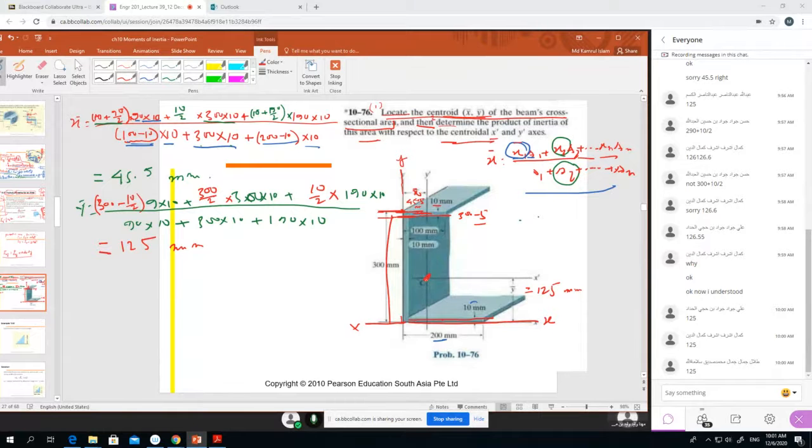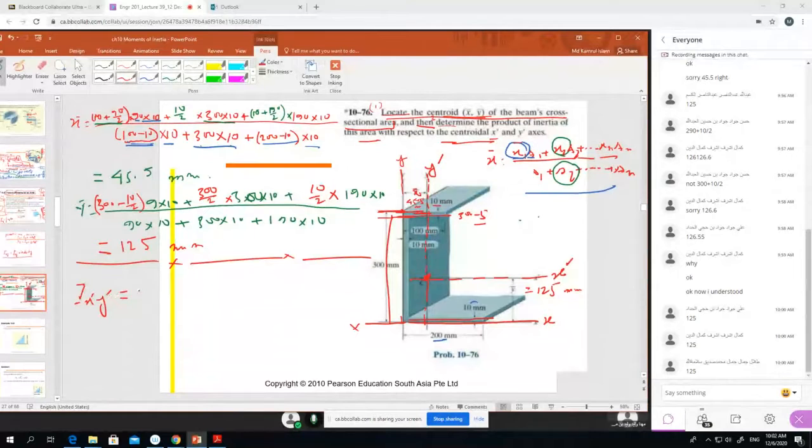Now that we found the center, the centroidal axis is this one, and they say this is the x prime, and the other centroidal axis is this one, and they say this is y prime. With respect to these, we have to find I x prime y prime, the product of moment of inertia.